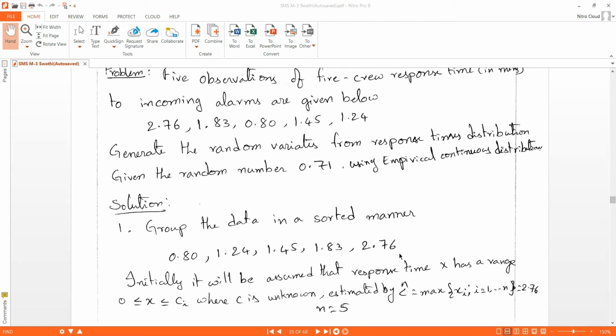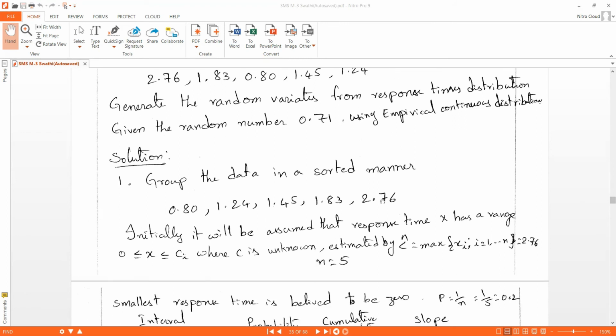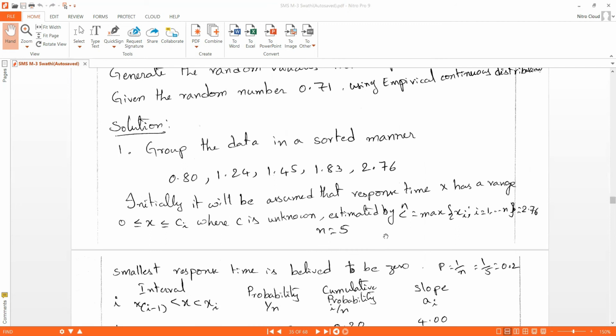That is 2.76. So we can assume the range is 0 less than or equal to x less than or equal to 2.76. Okay, so n value is given here, 5. Here we have 5 input values, so n equal to 5, as given in the problem.